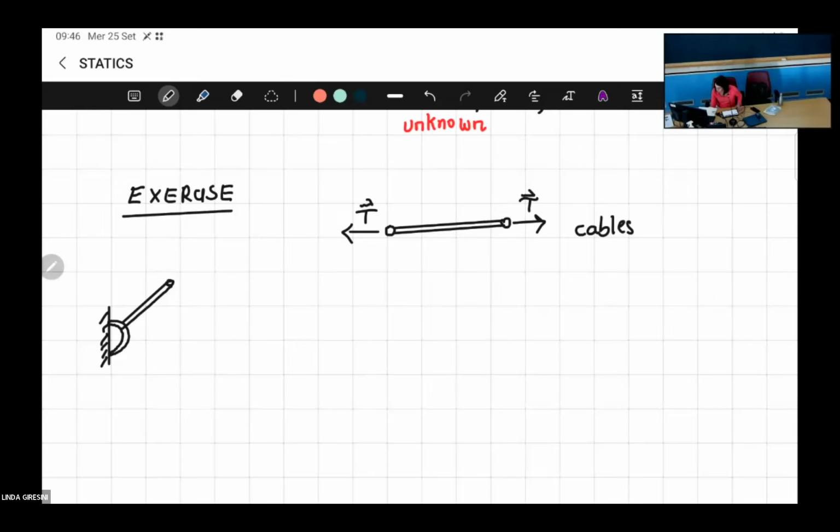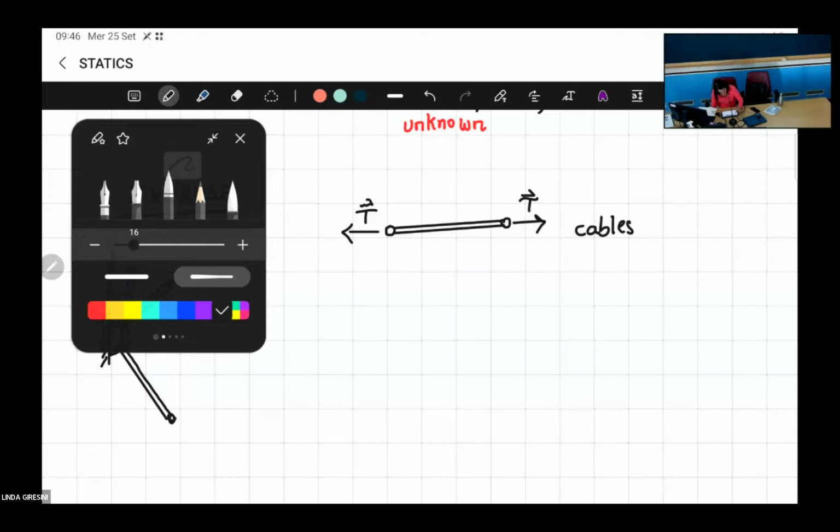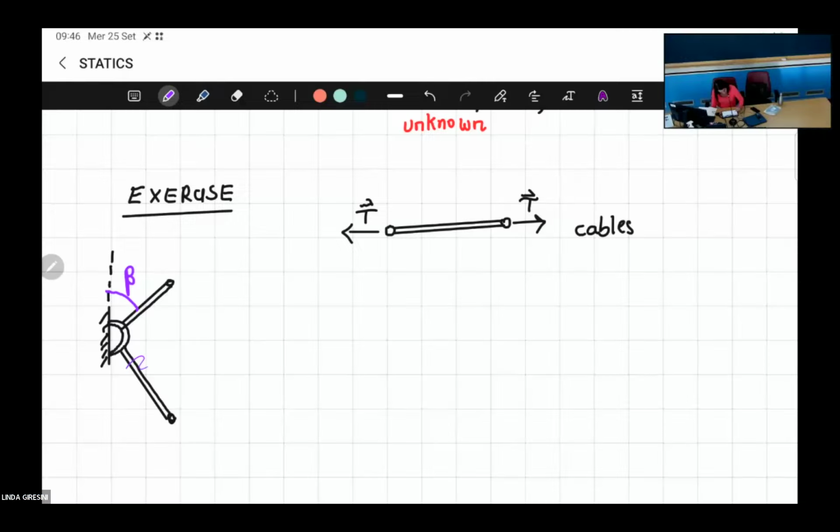Okay, so we have 2 cables. One has an inclination with the vertical axis by beta. And the other has an inclination by alpha.